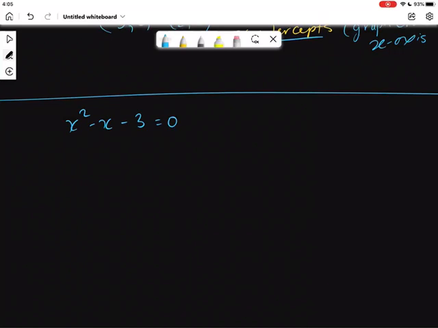When I factor that, well, I can't factor it. If I try to factor it, you're going to quickly find that there are no such numbers that exist when I try to multiply some values together to get negative 3, or add together to get negative 1. It's not really possible, right?